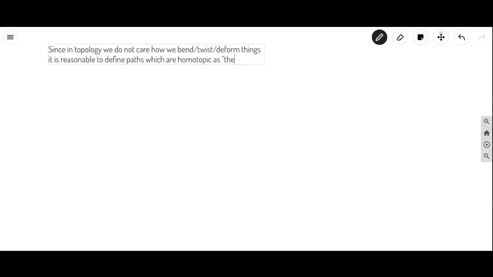And since in topology, we do not care how we bend, twist, form things, it is reasonable to define paths which are homotopic as the same. So let's introduce some notation.